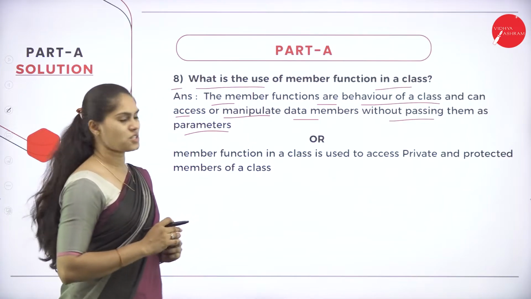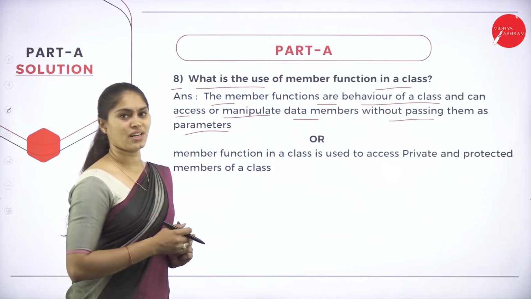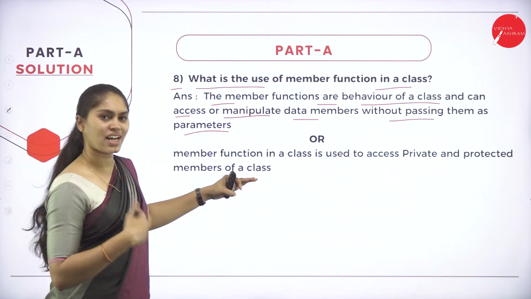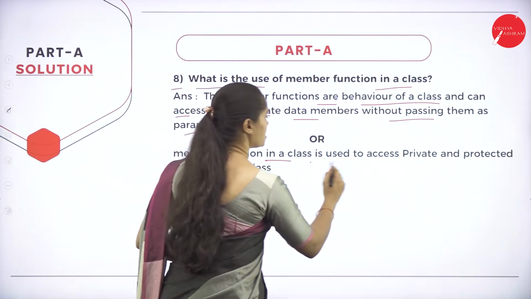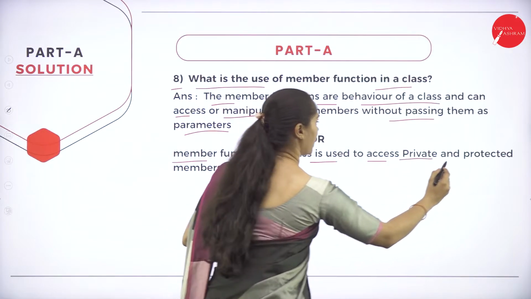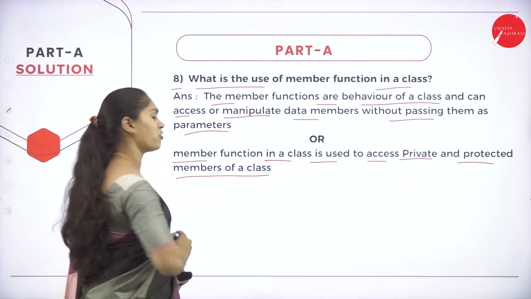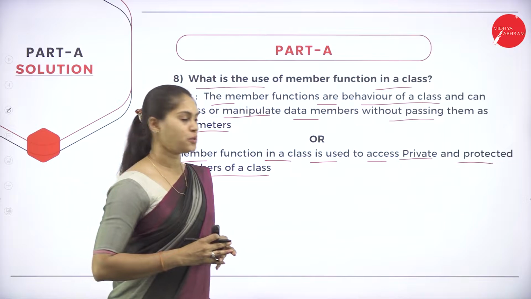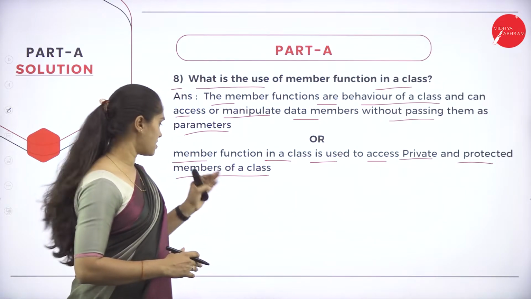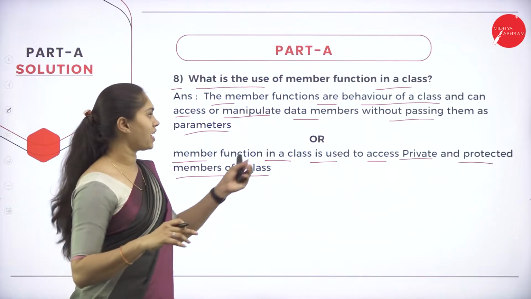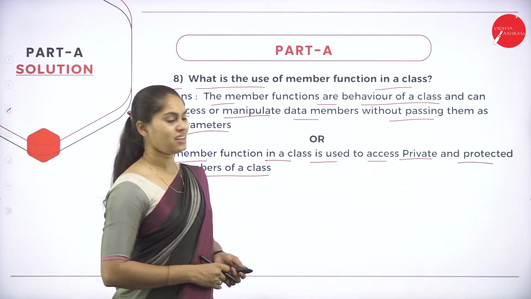So that is the reason for having this member function in a class. Another way of writing the answer for this one: the member function in a class is used to access private and protected members of a class. So when I want to access these private and protected data members of a class, we use the member function in a class.